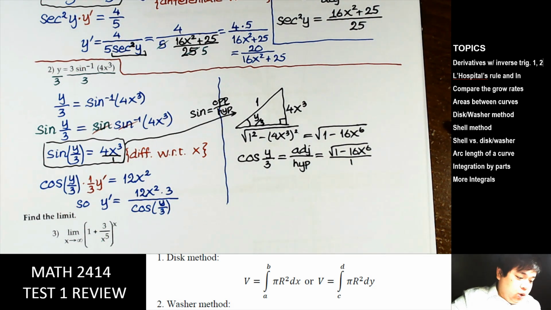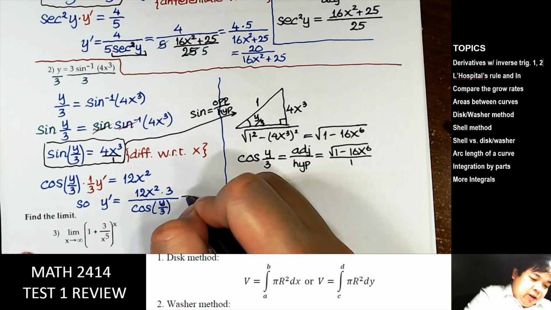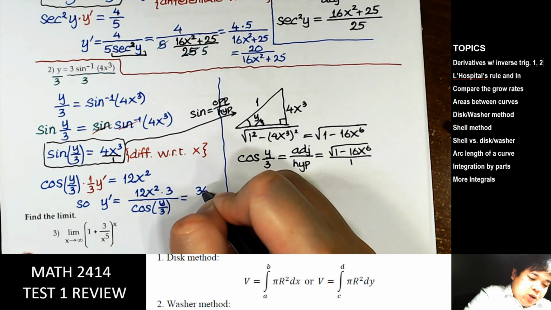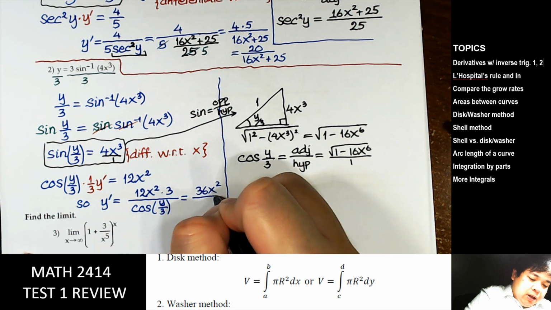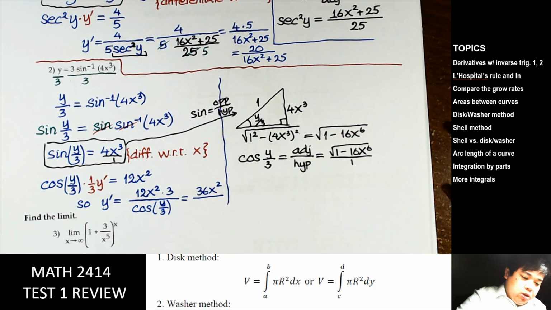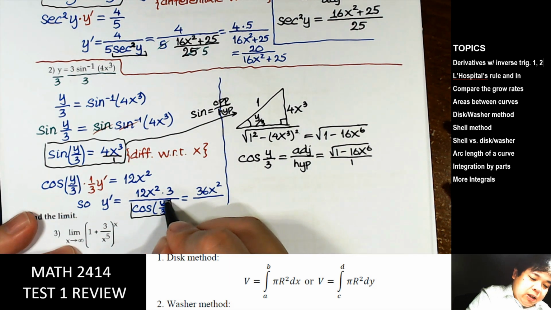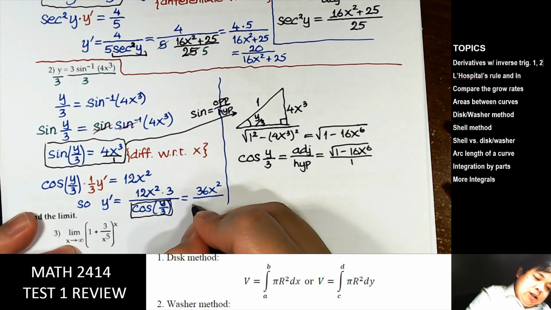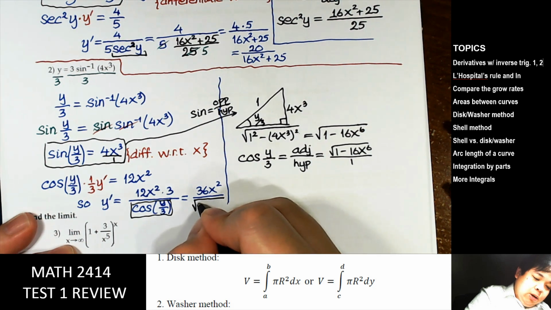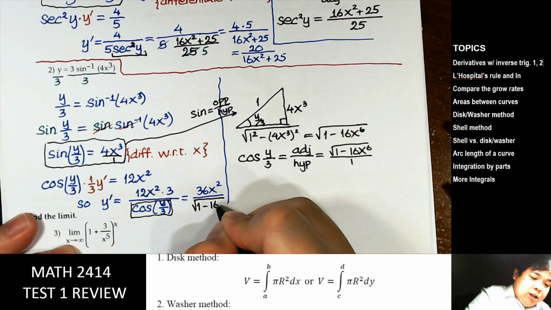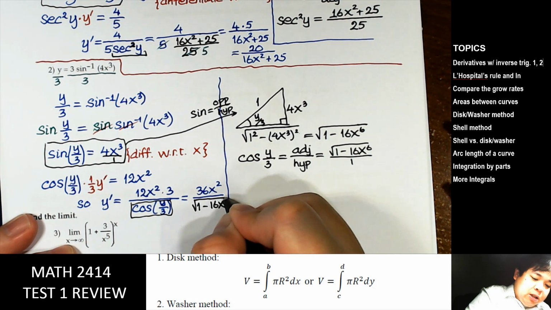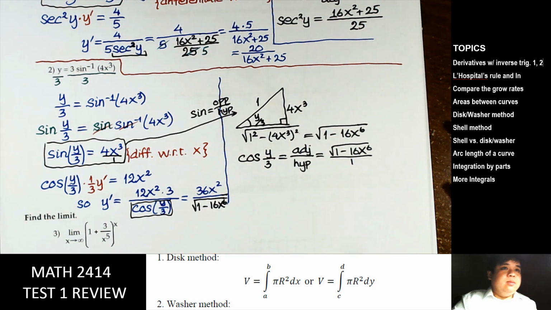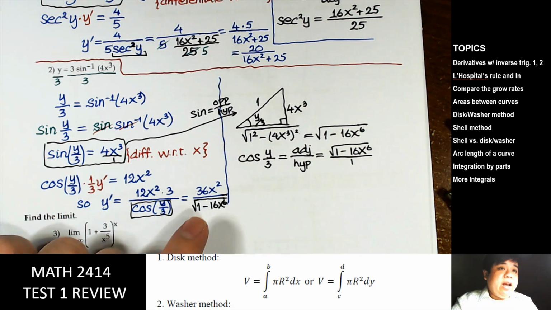Put it back into our problem, we will have 36x squared on the top. The bottom is cosine of y over 3, which is this square root of 1 minus 16x to the 6th. And that's what we have.